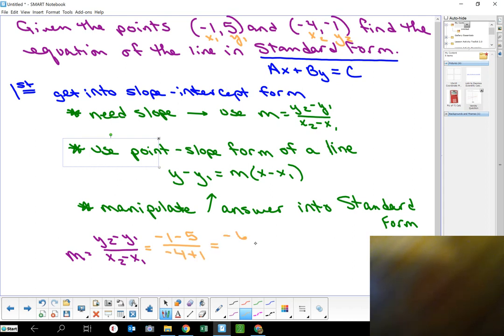That's going to give us -6 over -3, which is a +2. And that's our slope, right? So that's m. All right, once you know your slope, we can plug that into your point-slope form. And then when you have 2 points, just pick one. So we'll use the point, I'm going to use, I don't know, this guy, I guess. -4, -1.